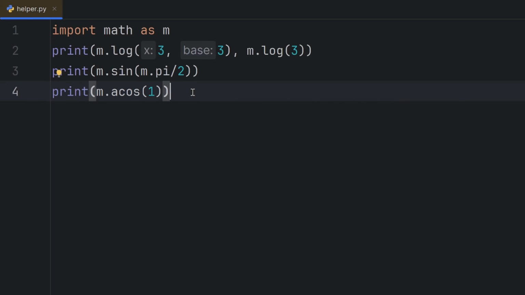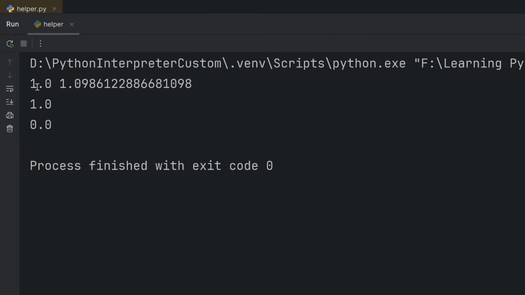Now when I run this, as you can see, log of 3 with base 3 is 1, but neutral log of 3 is slightly greater than 1. Sine of pi half is 1, and arc cosine of 1 is actually 0.